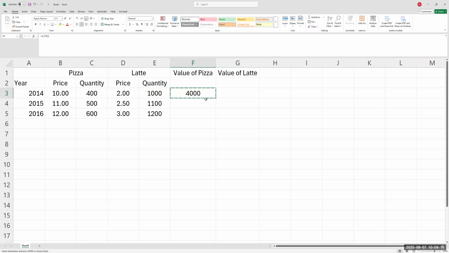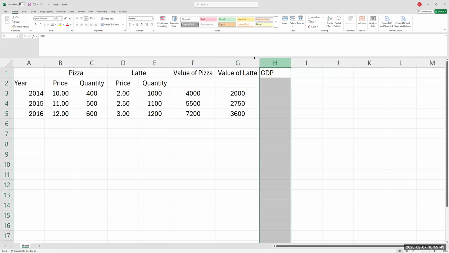The value of pizza in 2015 is 500 times 11, and in 2016 is 600 times 12. We do the same for latte. 1,000 lattes are made at $2 each, so the value is $2,000. In 2015 it is 2,750, and in 2016 it is 3,600.